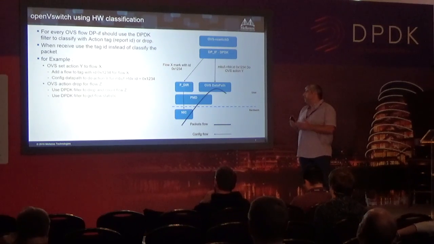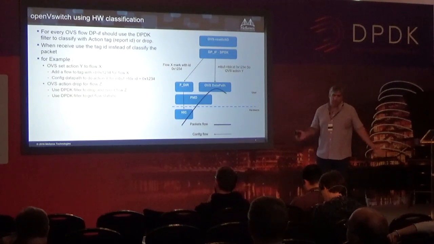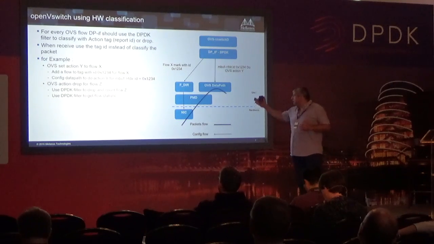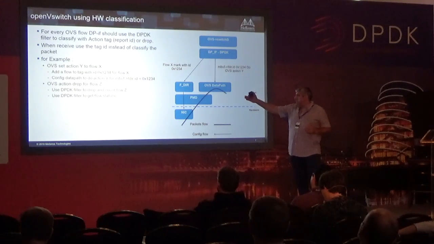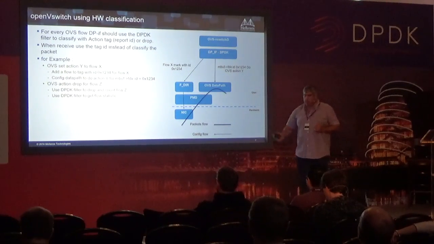So if you get the classification flow ID 1, 2, 3, 4, that's the action that you need to do. So we split the OVS data path: the classification is done in the hardware, and we just need to do the forwarding in the software.